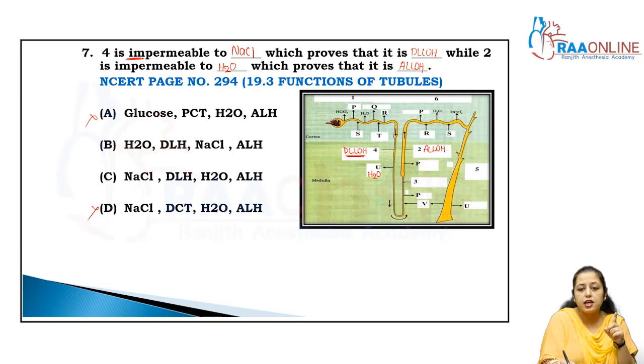That is, 4 is impermeable to sodium chloride, which proves that it is the DLH, the descending limb of LOH, while 2, the ascending limb of LOH, is permeable for salt and impermeable for water, which proves that it is LOH. So what is the answer now? 4 is impermeable to NaCl, so the answer is C, right? DLH, then water and LOH. Clear?